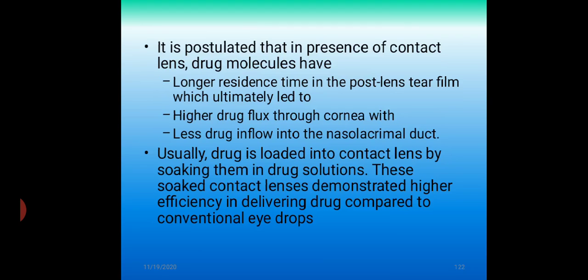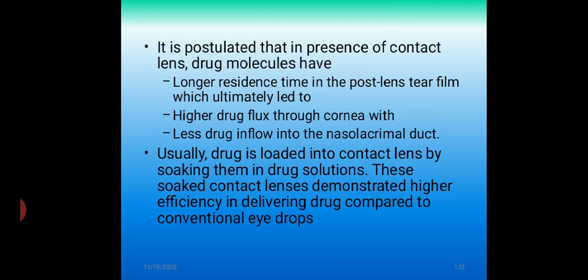These contact lenses offer a longer residence time, higher drug influx to the cornea, and less drug inflow into the nasolacrimal duct. That is, loss of drug is reduced, residence time is higher, and there is higher movement of the drug molecule. So how is the drug incorporated into this lens?